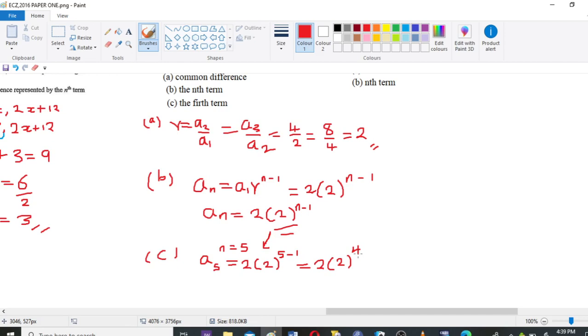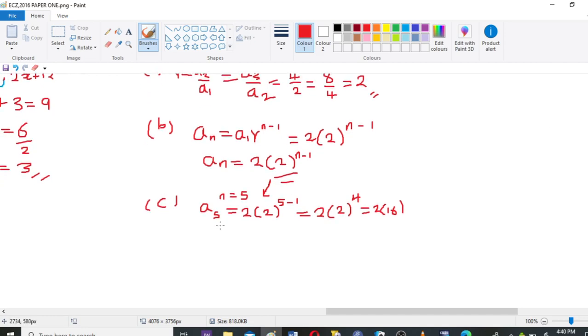You can now calculate that. So 2 to the power 4, what are we getting? 2 to the power 4 will just give you 16. So you are having 2 multiplied by 16. Let me just scroll down here so that we can see the term number 5.